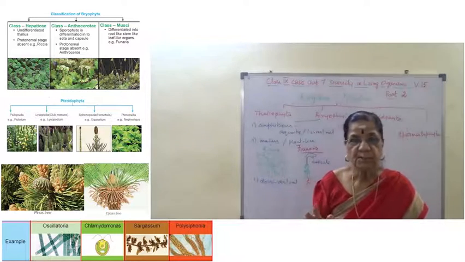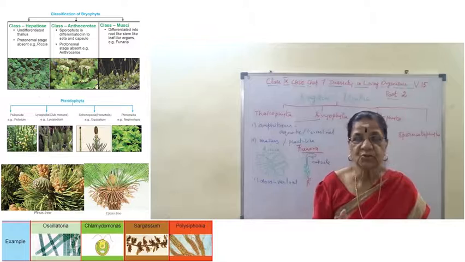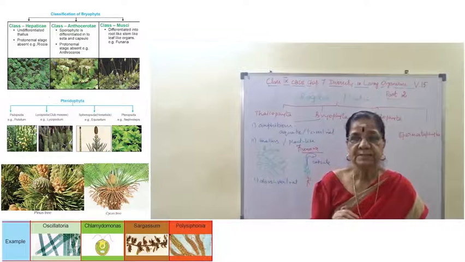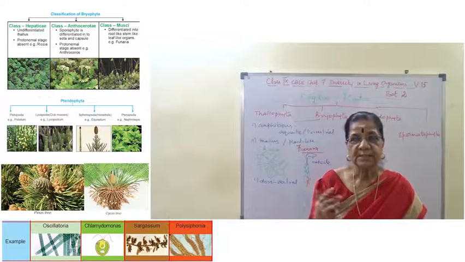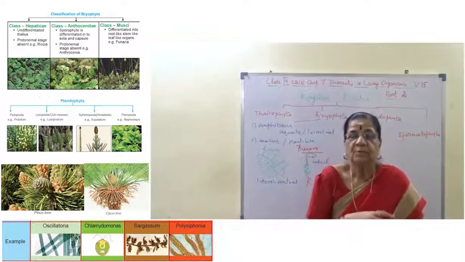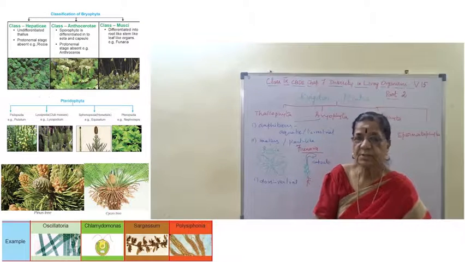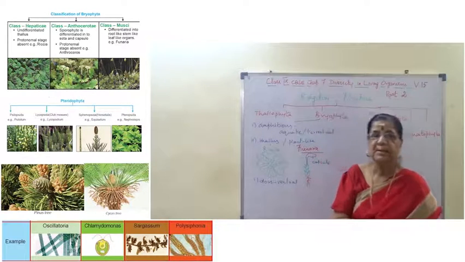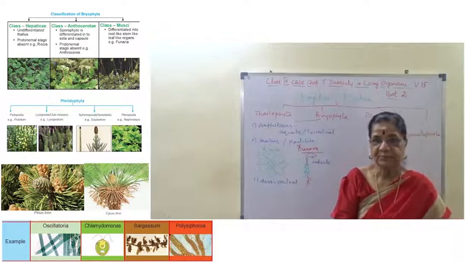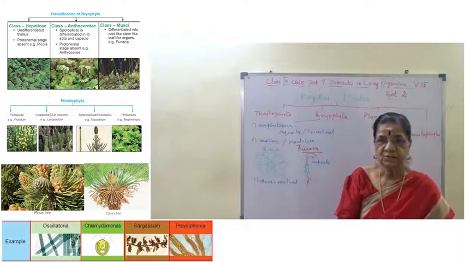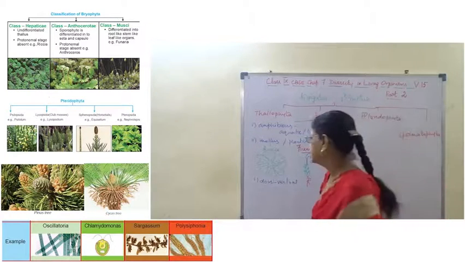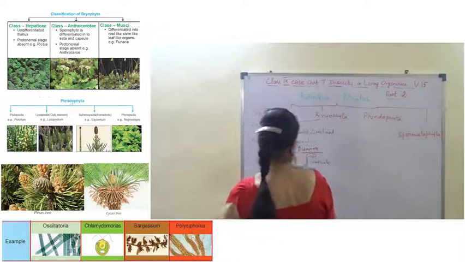We should use the technical terms dorsal side and ventral side, front side and back side. In the same way, the thallus has a front side and a back side. Front side is dorsal, back is ventral. So the thallus is dorsiventral in nature.